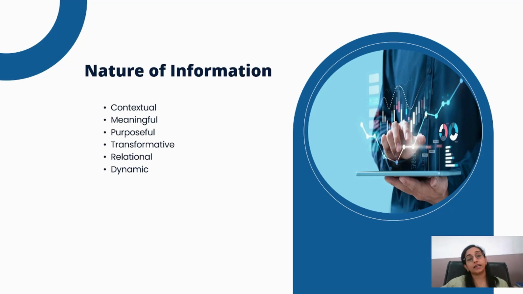Now we will understand information in the digital age. So, the digital age, also known as the information age, marks a profound shift in human civilization from an economy and society rooted in industrial manufacturing to one dominated by information technology.